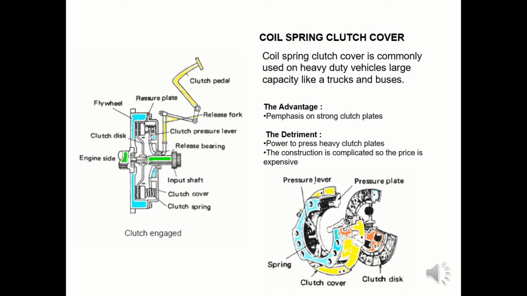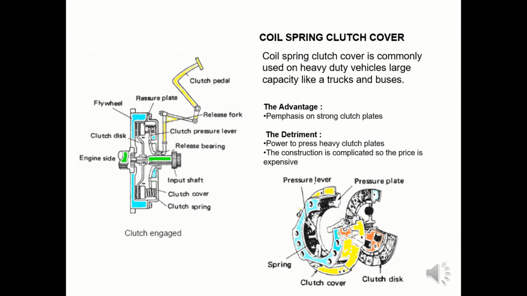And the second model of clutch cover is the coil spring clutch cover. The coil spring clutch cover is commonly used on heavy-duty, large capacity vehicles like trucks and buses.